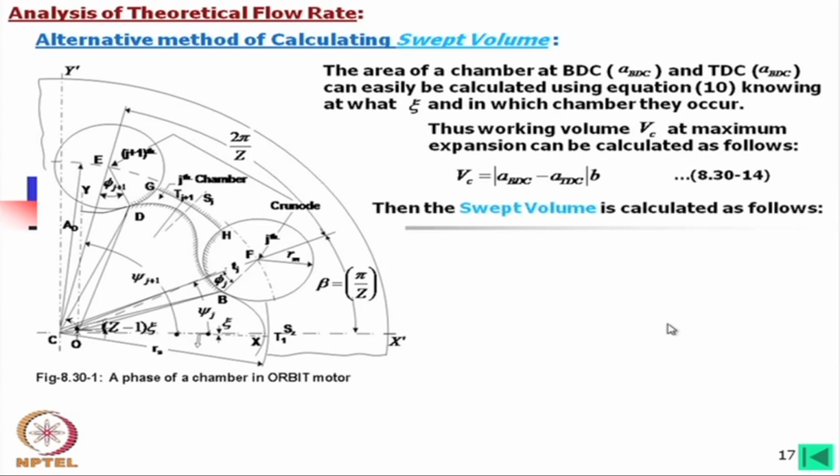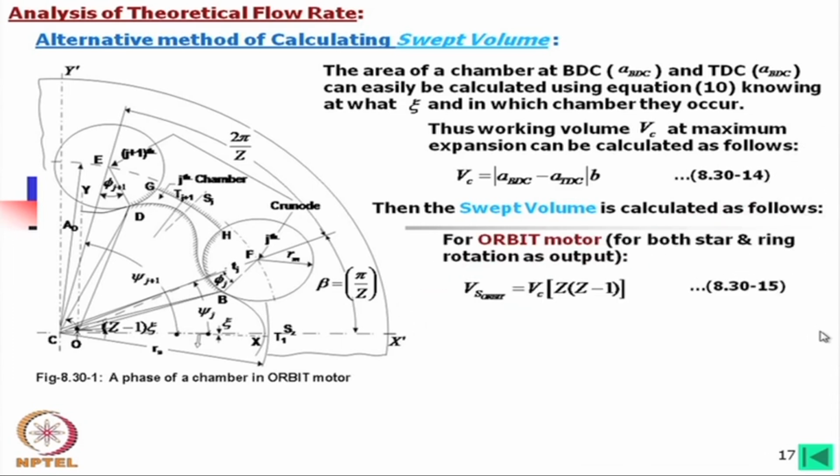Now, the swept volume is calculated as follows. For the orbit motor, we simply take the volume of one chamber into the number of chamber actions in one revolution. That means, how many such chamber actions will be there in case of the orbit motor? Z into z minus 1 times.